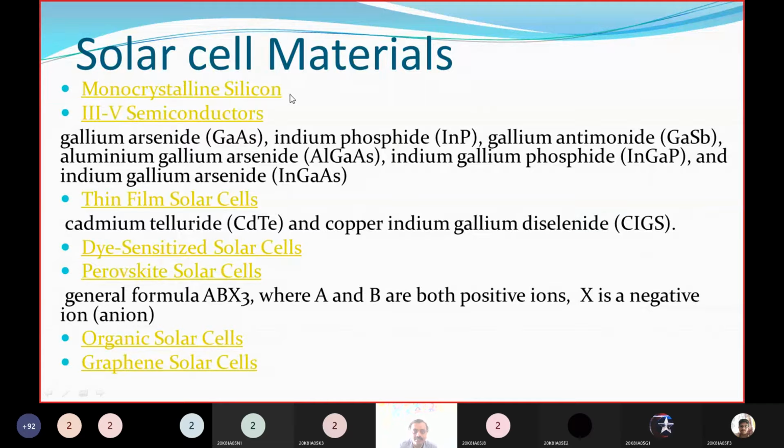Crystalline is nothing but, if you take a silicon material, the atoms in that silicon material are oriented in a periodic manner. Any material is constructed by so many atoms. So crystalline means those atoms are oriented in a long range periodic order.